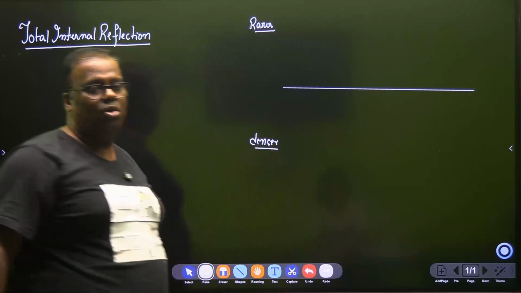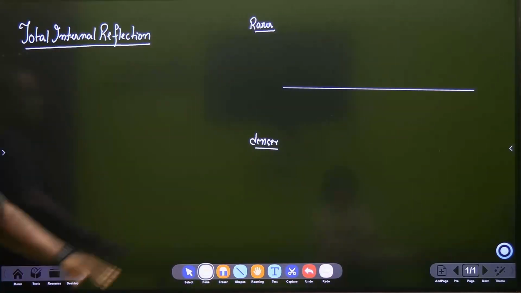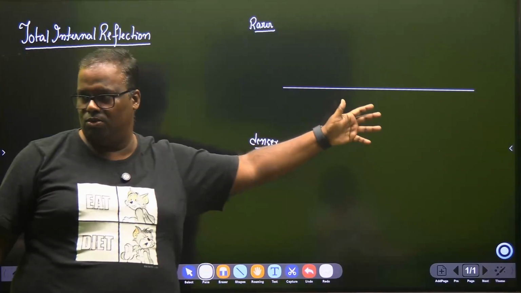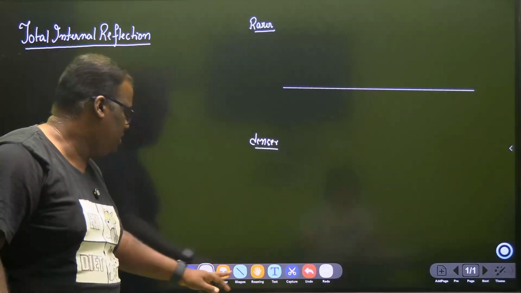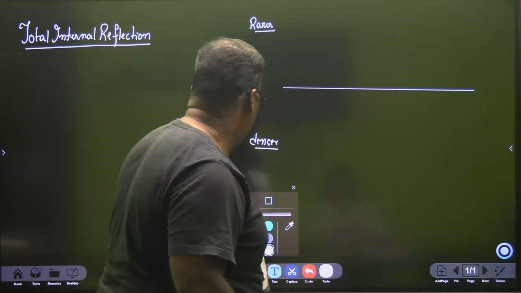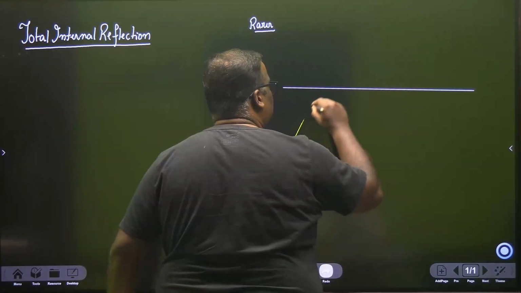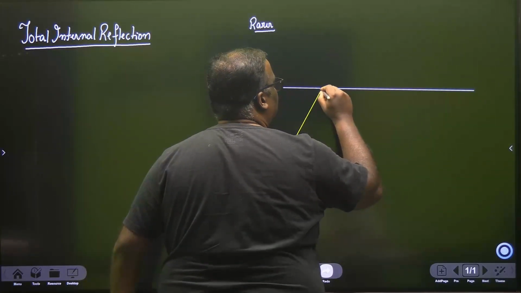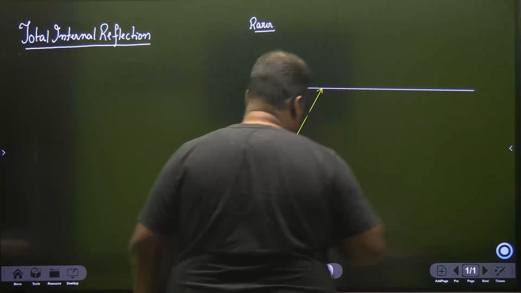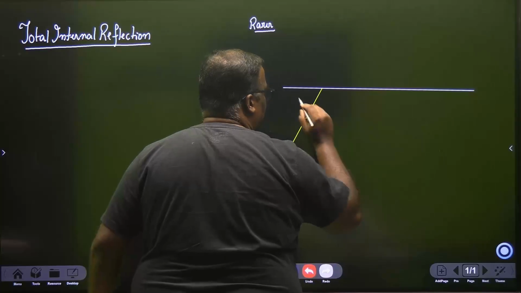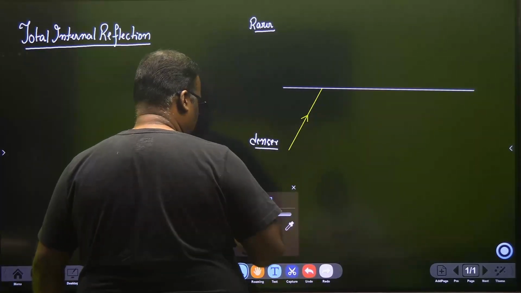Okay. Now, light will be incident from the denser to the rarer. So obviously the concept of refraction holds because you're having an interface. So let me take an incident ray. This is my incident ray. Okay. And I'm supposed to have a normal.